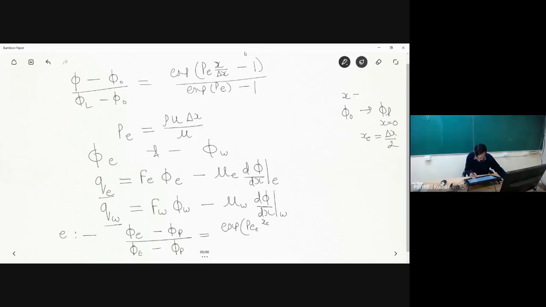Okay, so here I can simply write delta x by 2 divided by delta x minus 1 divided by exponential of Peclet number at east phase minus 1. Okay, so this is how I can calculate the value of phi when I am estimating it at east phase.